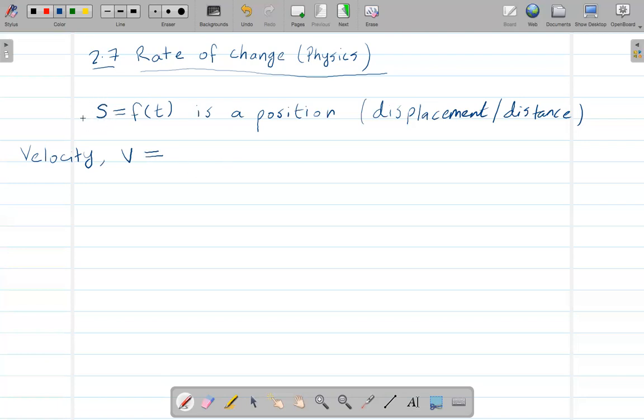Since we are saying this function is s, if I take the derivative, it will be ds over d, what are you going to get here in the denominator? Do you get x or t? It's t, right? Since this s is in terms of t, we are taking the derivative of s in terms of t. Or simply we can write s prime as well, right? So the derivative of this is s prime.